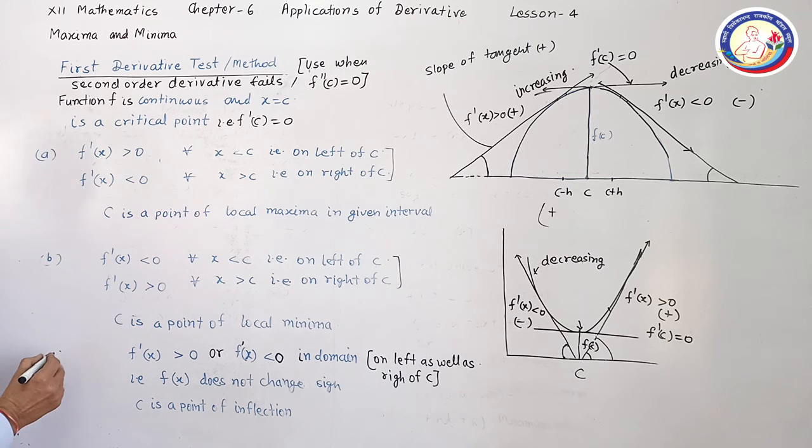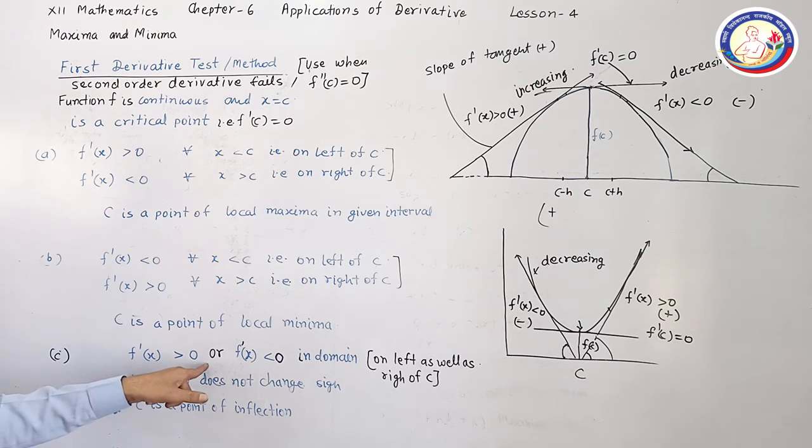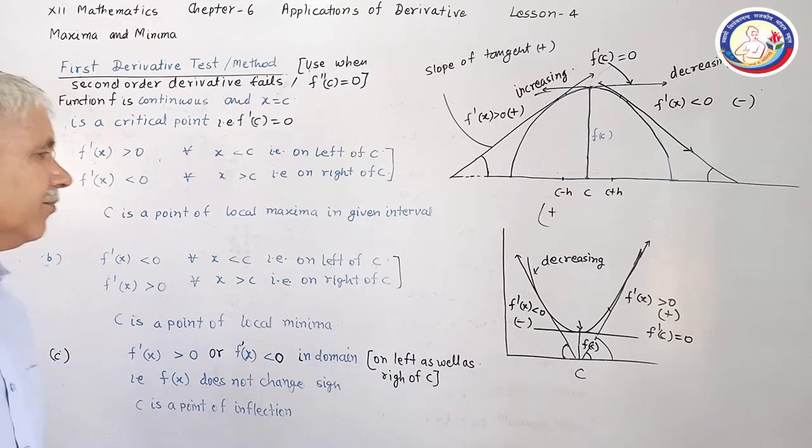Now the third condition. What is the third condition? If the value of the derivative is positive on the left of c and also positive on the right of c, or negative on the left of c and negative on the right of c, on both sides.